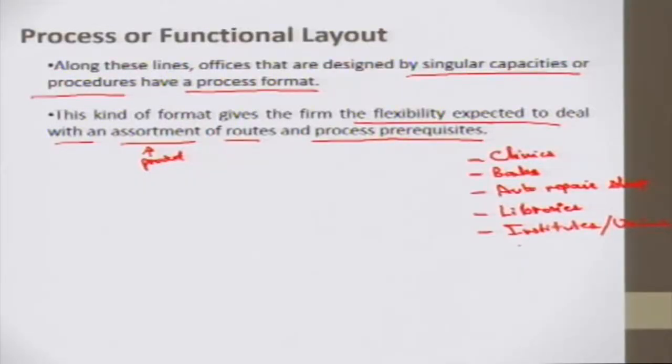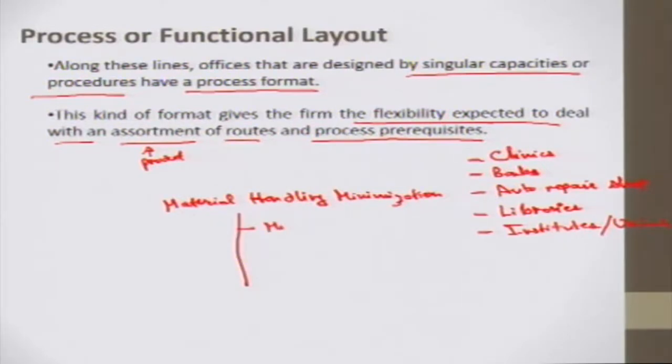So improving process layout involves minimization of transportation. That is, I am again putting material handling minimization. So how could this be done?